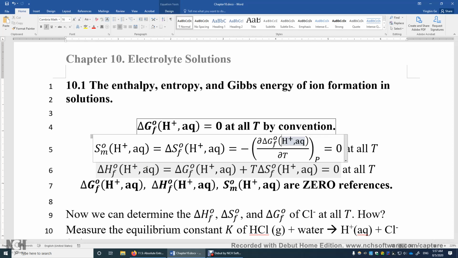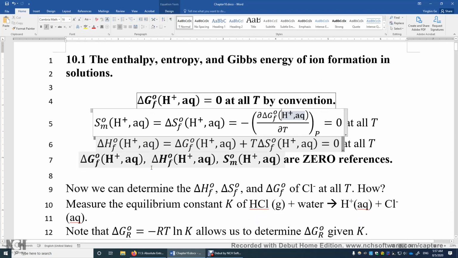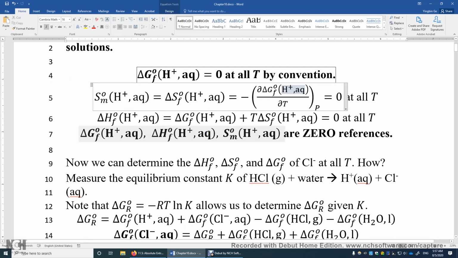With the zero references, we can determine the enthalpy, entropy, and Gibbs energy of formation for some anions, such as Cl- at all temperatures. How? We need to design a chemical reaction that involves both H+ and Cl-. For example, if we dissolve HCl gas in water, we create H+ and Cl- in water.